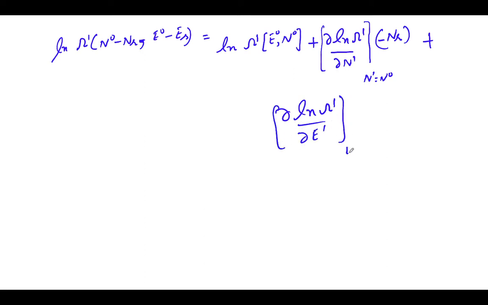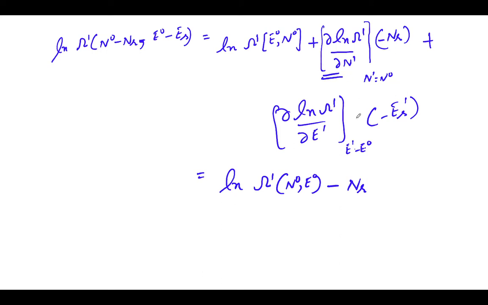This Taylor expansion we did when we solved this for the canonical ensemble, so you can check those notes for how we can expand this equation using the Taylor expansion. So this equation becomes log Ω'(N0, E0) minus Nr times this bracketed term, which is a function of the number of particles being changed.